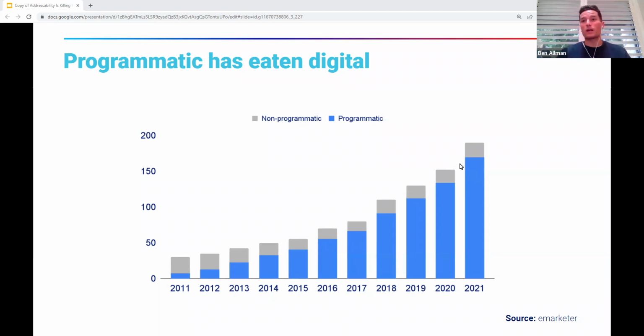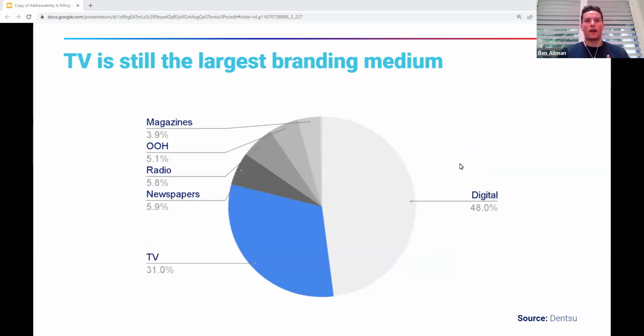And that's something which is incredibly difficult to do, as we're going to cover today. And this is one of the key reasons as to why you still see big brands with universal appeal, so think automotives, banks, consumer packaged goods, fast-moving consumer goods, film distributors, and more, investing heavily into television, because TV is still the largest branding medium.